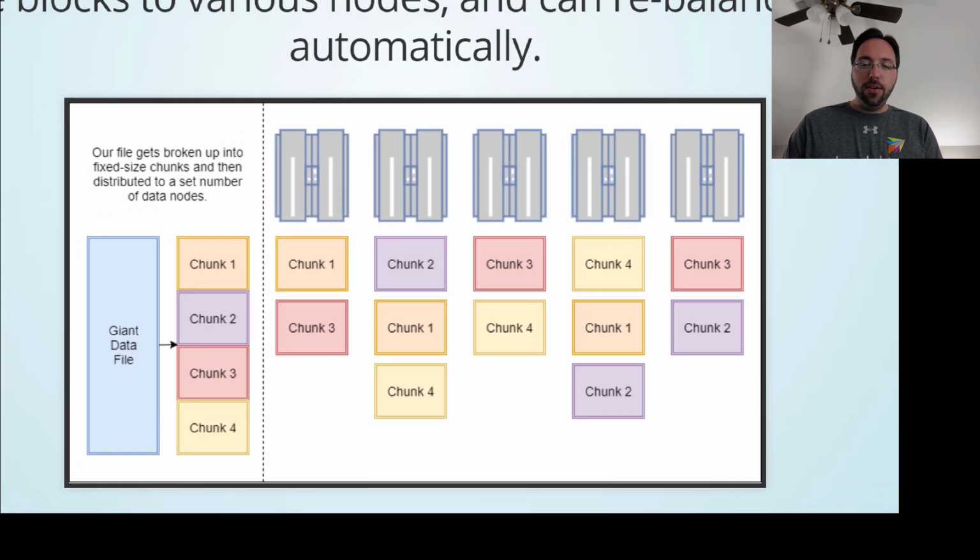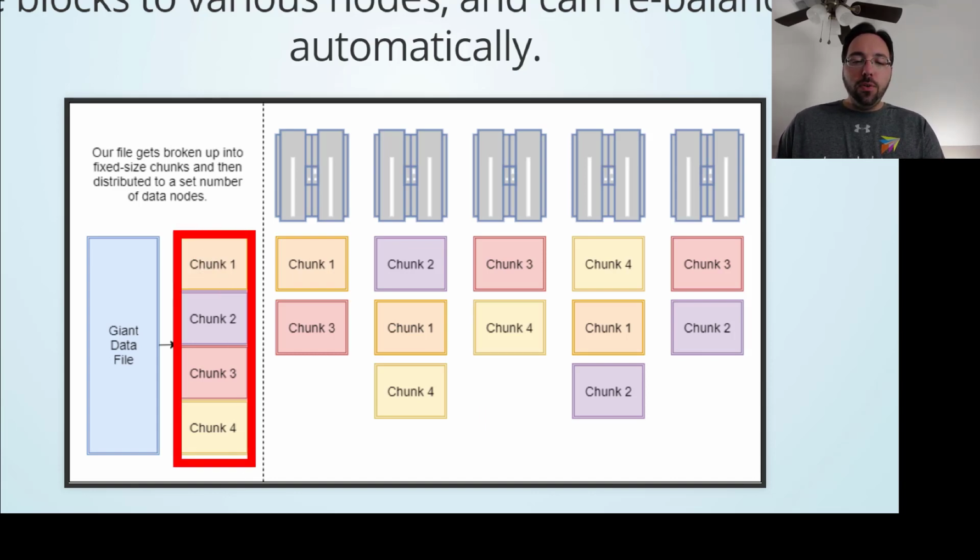What I have down here is an example of that kind of processing. So we start with a giant data file. Maybe that's a couple gigs, maybe it's a few terabytes. There's quite a bit of range in there, but the process works the same regardless. Every one of those files is broken up into discrete chunks. And here I have 4 such chunks.